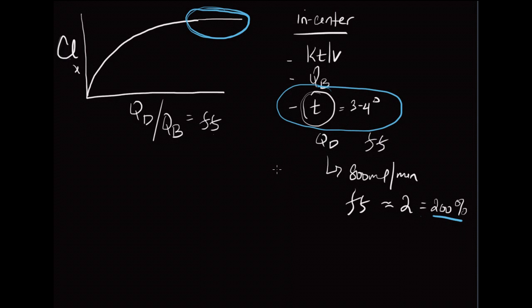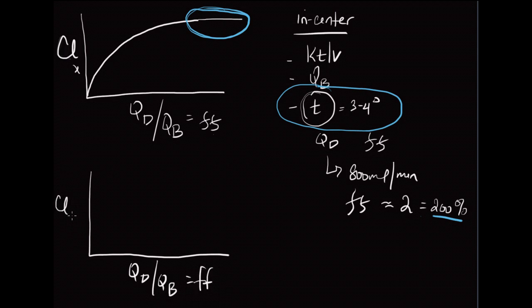Now, in the home dialysis patient, things are a little different. In the home dialysis patient, we cannot keep the patient out here. In other words, we cannot have a filtration fraction of 200% because we don't have enough dialysate to use to achieve the same things that we're getting in-center.